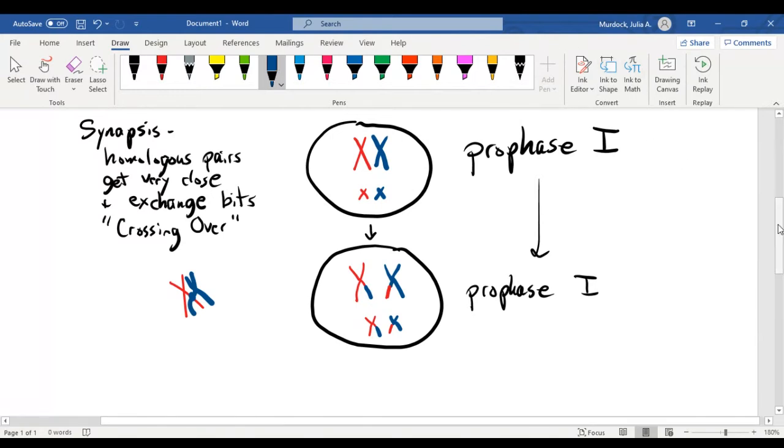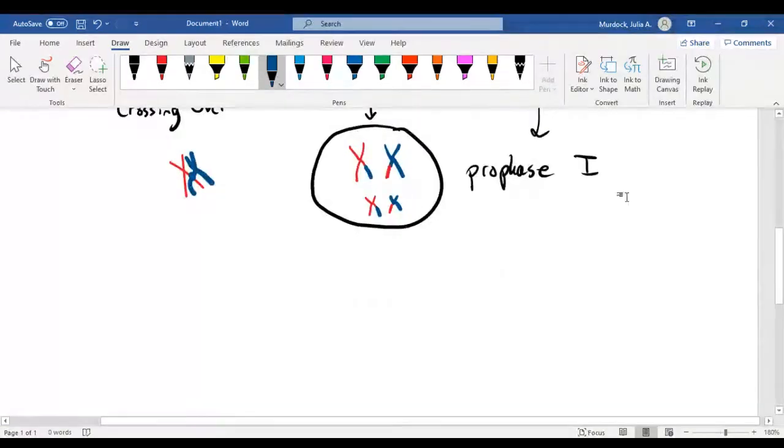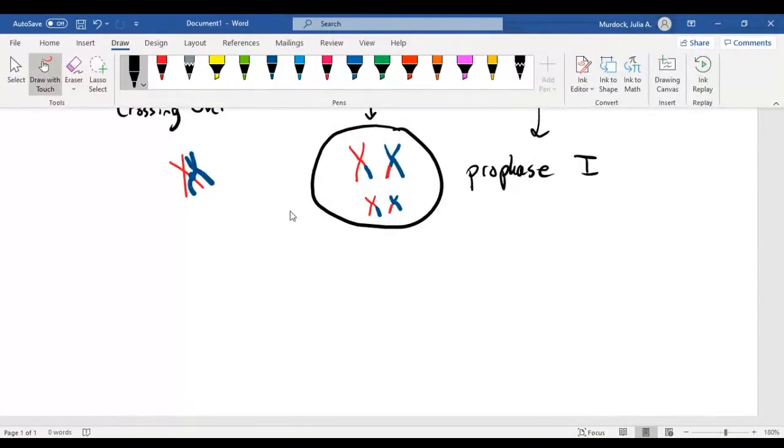Okay, so that's one thing that can happen during prophase. And there's one more thing that's going to happen. Still in very late prophase here. The other thing that can happen is that the homologs can change places entirely.